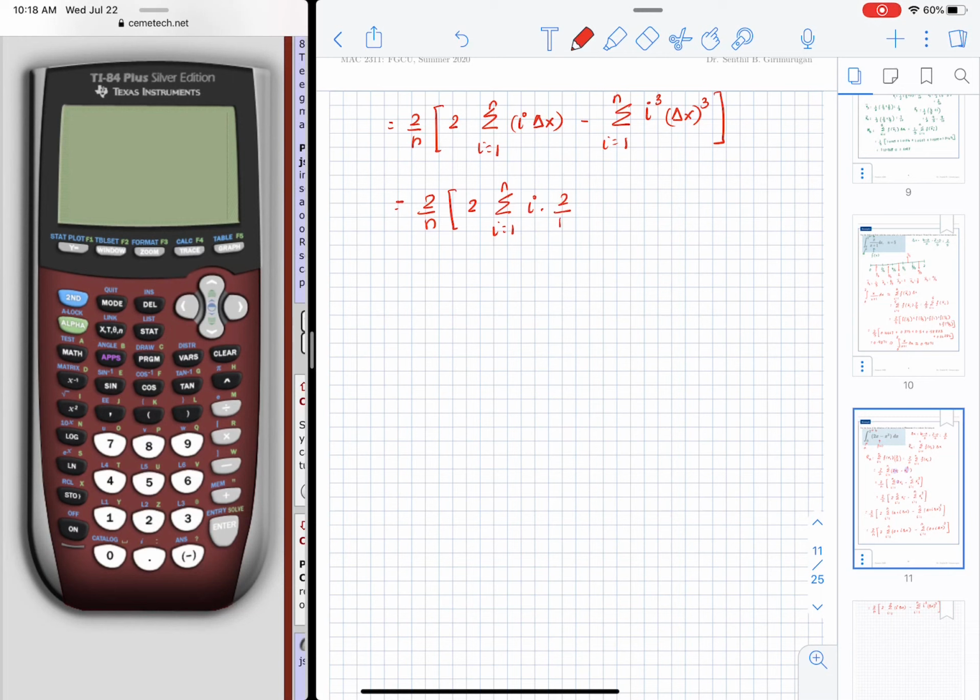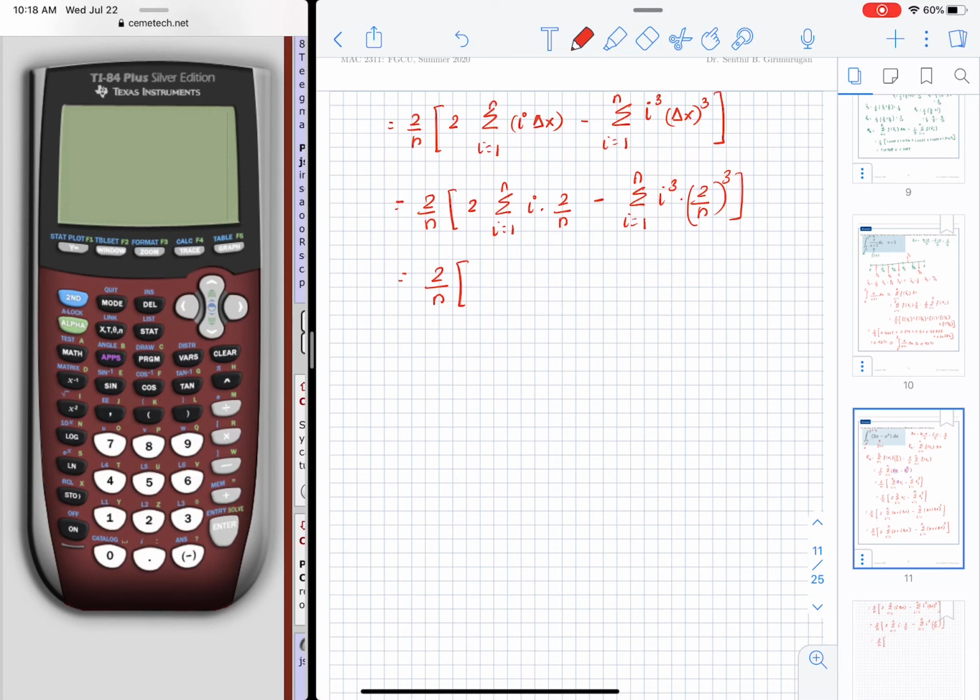And we know that that is 2 over n minus 2 over n cubed. 2 over n is a constant multiple.